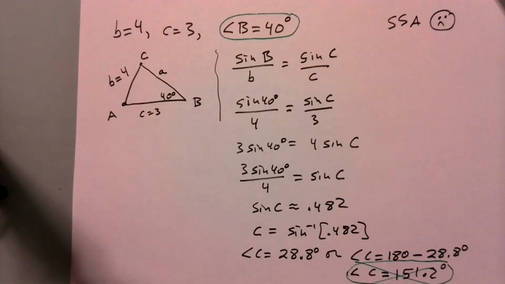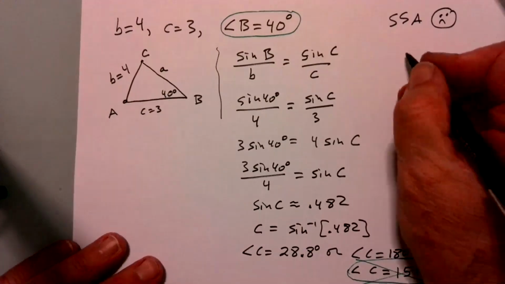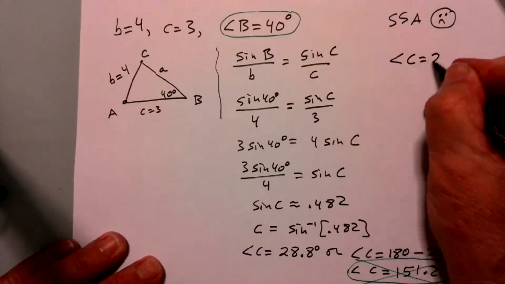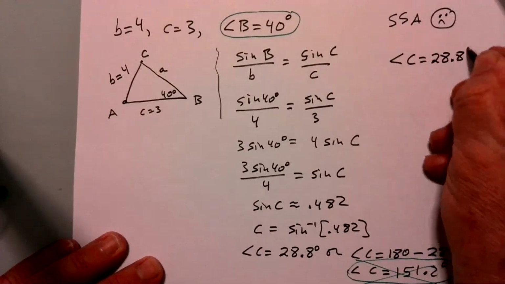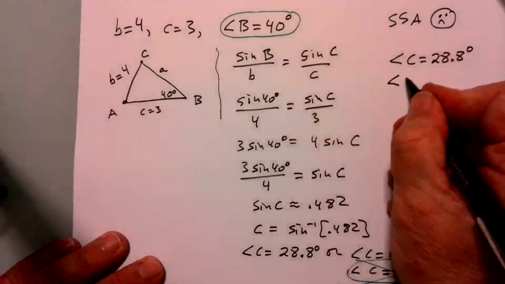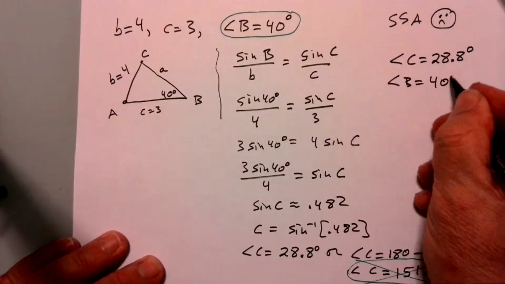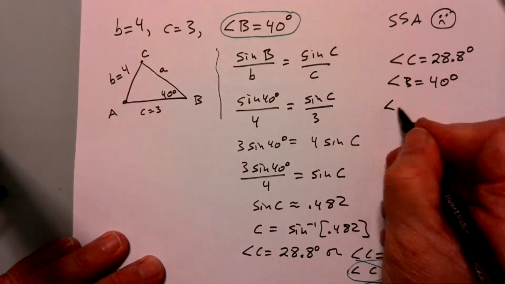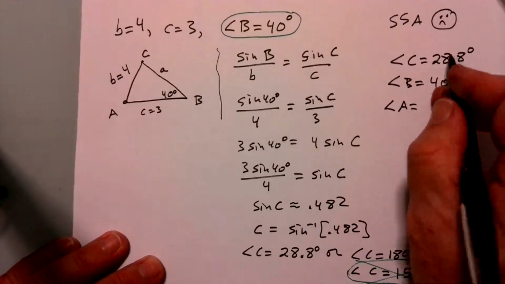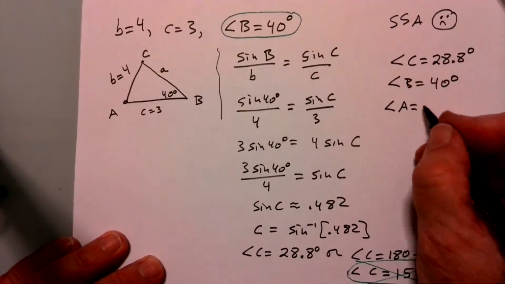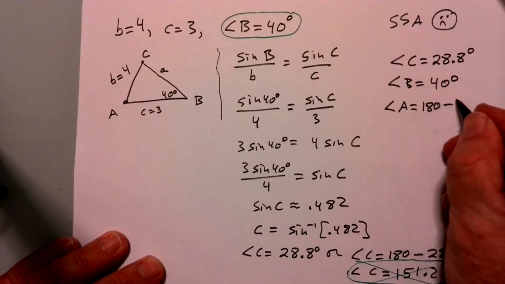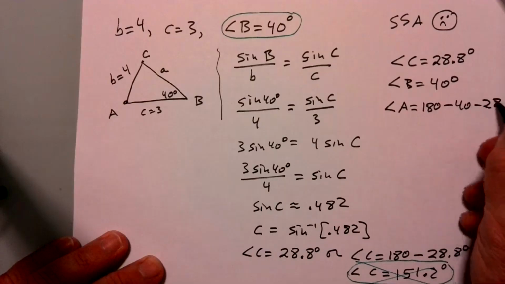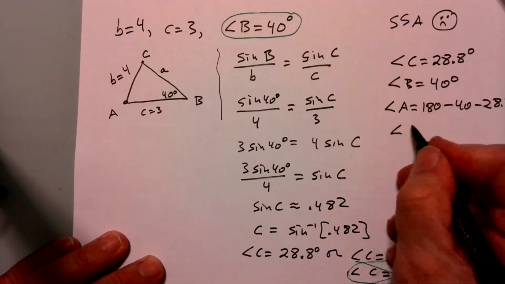So we will say then that I have angle C is 28.8 degrees. Angle B is 40 degrees. So angle A has got to be 180 minus 40 minus 28.8.